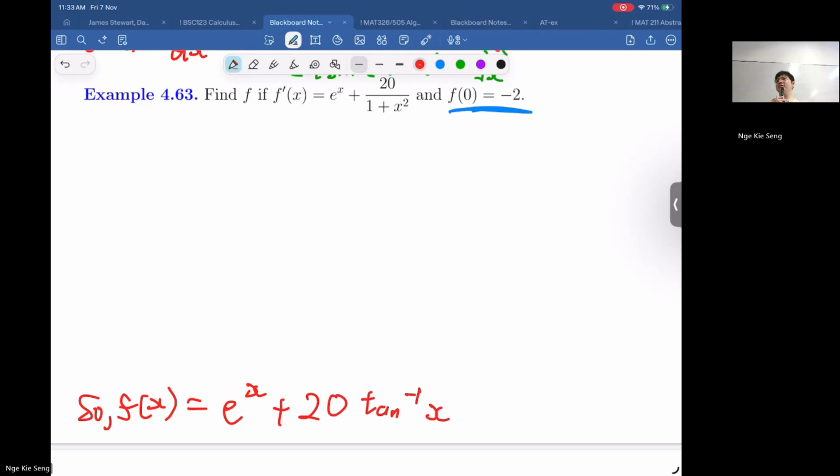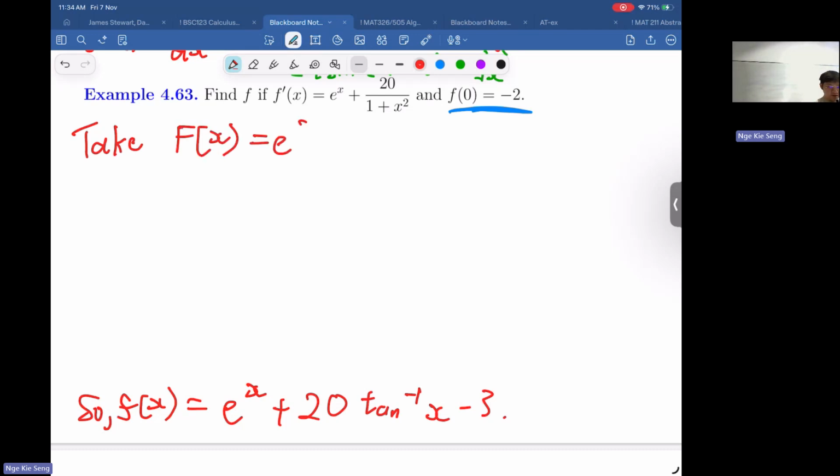Minus 3. Okay, good. I think you're right. So let's check. Our antiderivative is e to the x plus 20 tangent inverse x plus C.